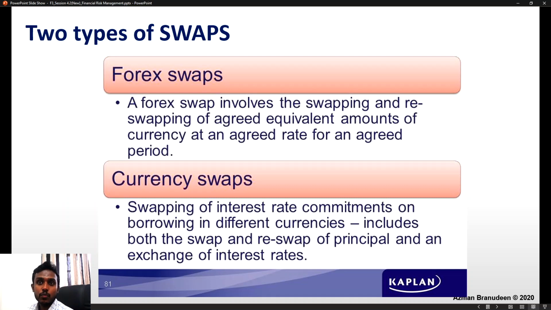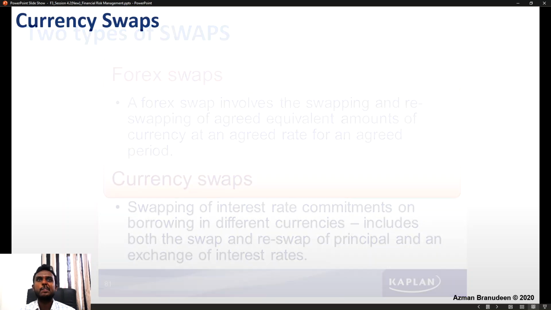It includes both the swap and reswap of principal and an exchange of interest rates. So your syllabus looks at mostly currency swaps, given the straightforward nature of forex swaps. You're swapping interest rate commitments, including the principal and the interest payments.